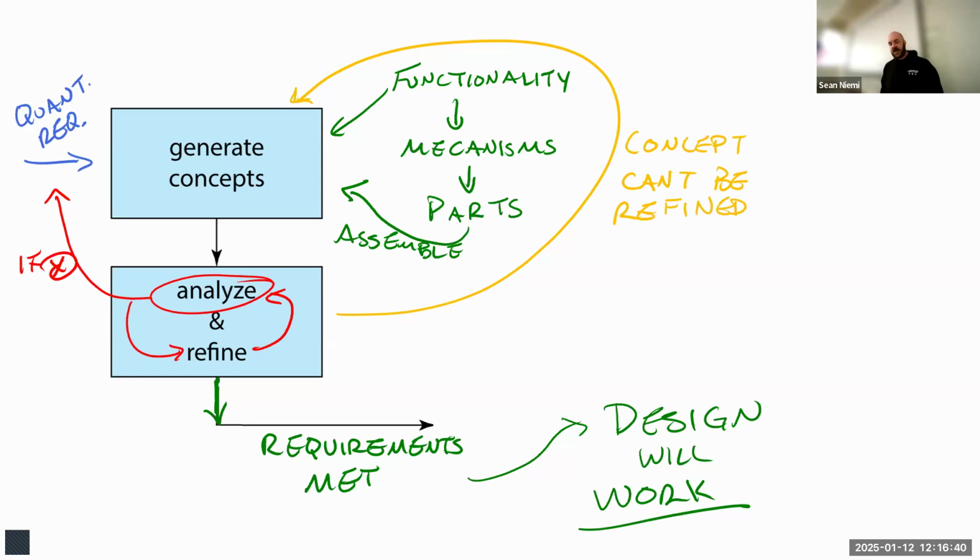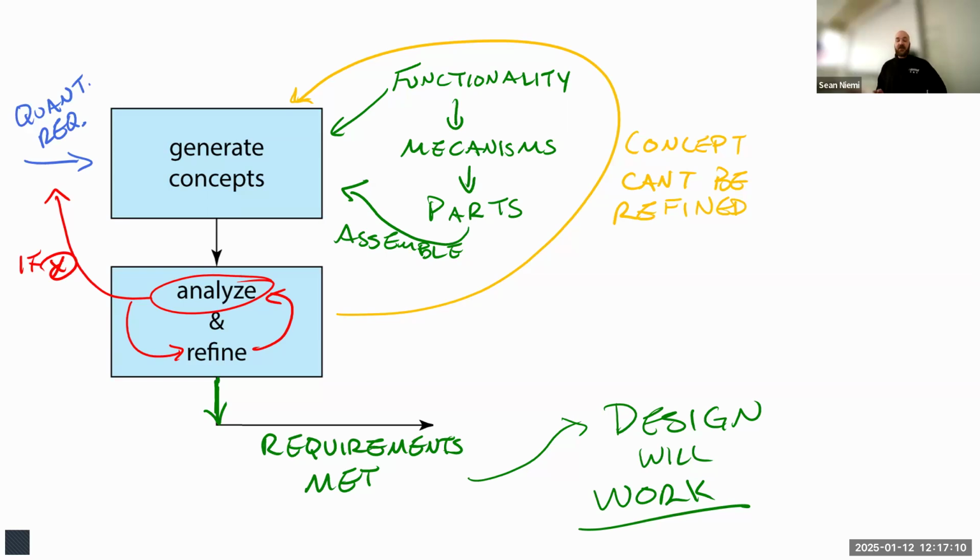There's a big hesitation a lot of times in design to keep on going. I've said this before many times, and I'll say it again many times. If you keep on polishing a turd, you're just still going to be left with a piece of shit. So at this point, you need to get to a point of, okay, cool, I've refined this a little bit, there's no way I'm going to meet my requirements. Eject, come back around, come up with some other concepts, come up with some new ideas.